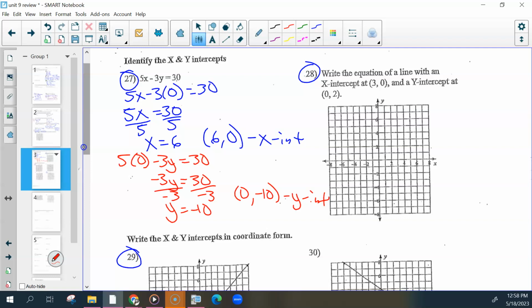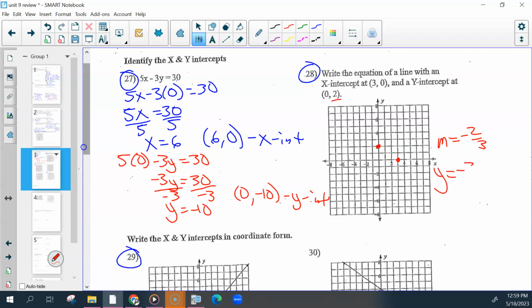28, the easiest way to do this is to graph the 2 points given. So 3, 0, and 0, 2. You have to write an equation, so you need your slope and your y-intercept. Slope, you can look at the points and count down to the right 3. And then use that slope and the y-intercept to write your equation.